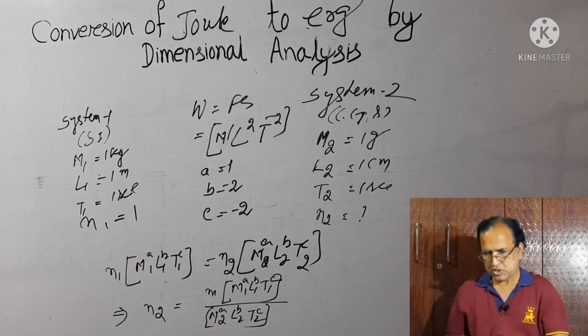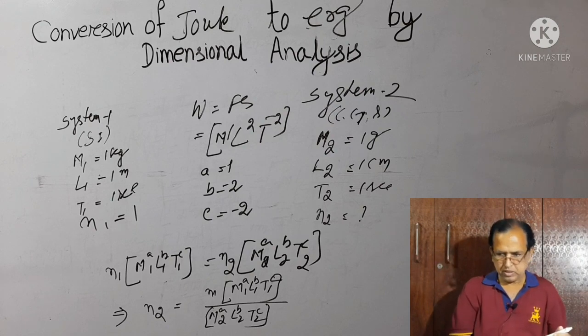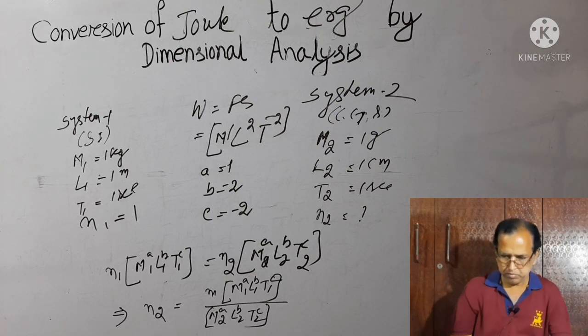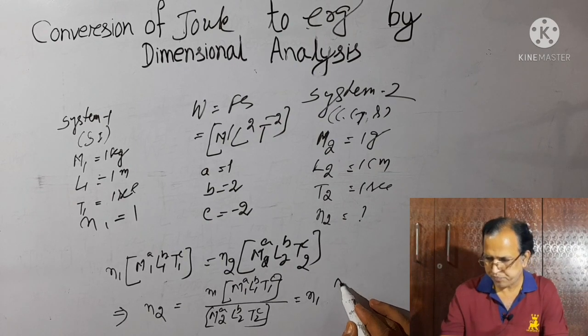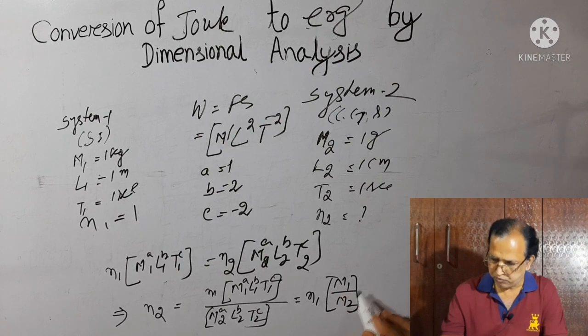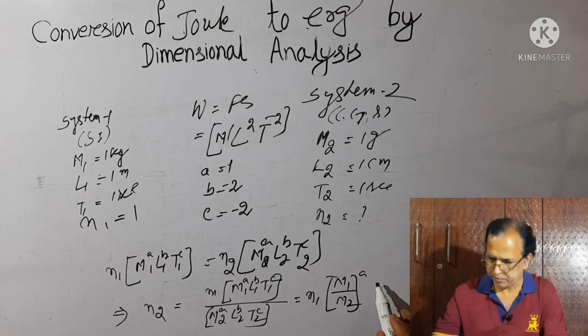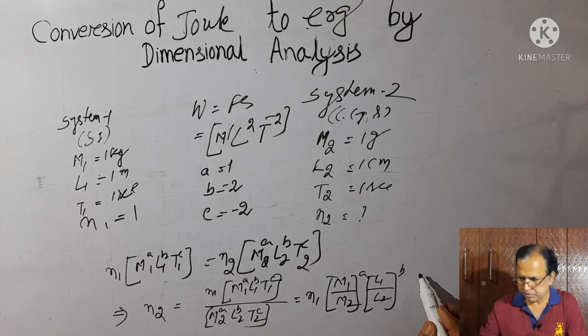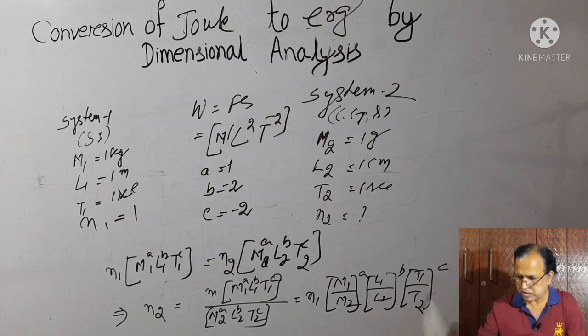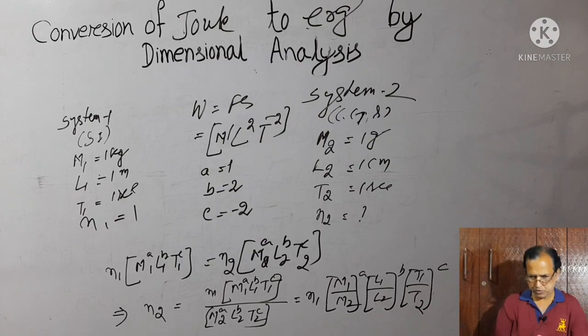So N2 is equal to N1 into M1 by M2 to the power a, L1 by L2 to the power b, T1 by T2 to the power c. Now put the values.